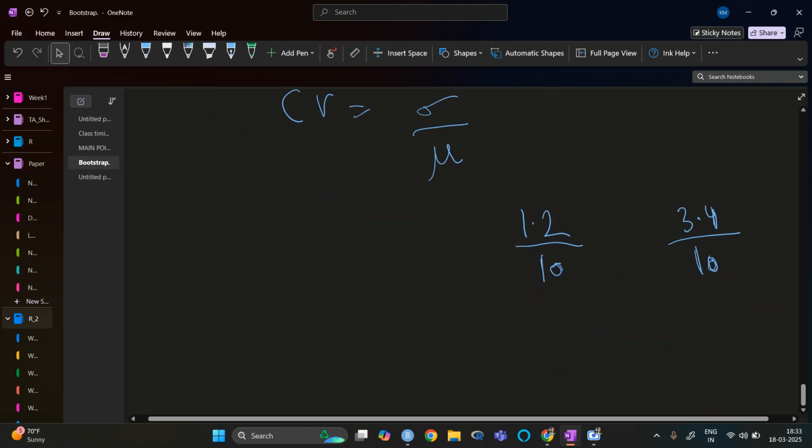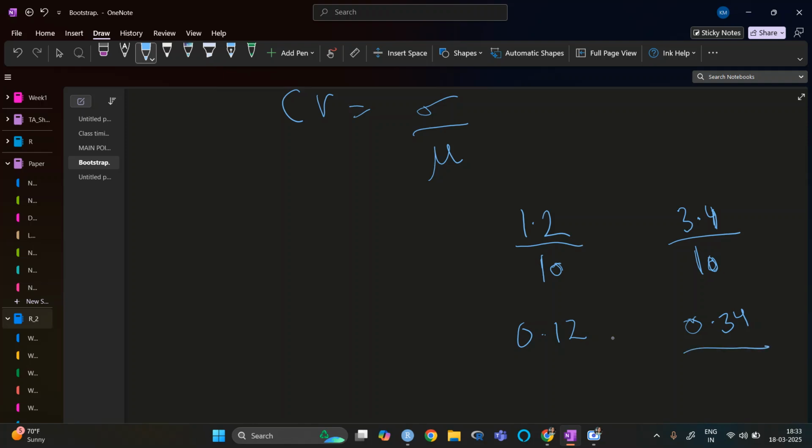You can see that it is 0.12 and it is 0.34. The mean is constant in both, so the variation is high here. So if the mean is the same but the variability is high, we say that the coefficient of variation is high.